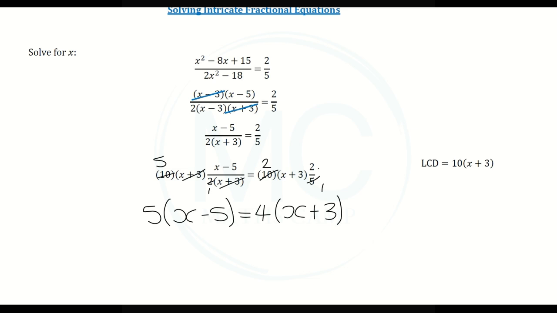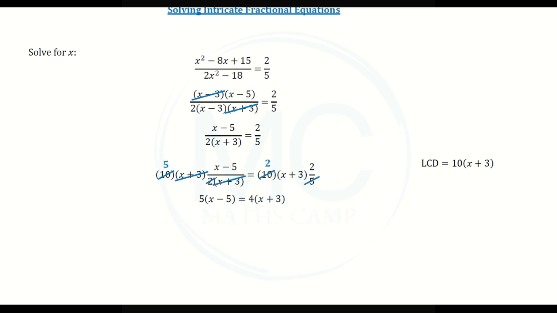And now we can expand our brackets. 5 multiplied by x is 5x. 5 multiplied by negative 5 is negative 25. Put in our equal sign. 4 multiplied by x is 4x. And 4 multiplied by 3 is 12. So we say plus 12.